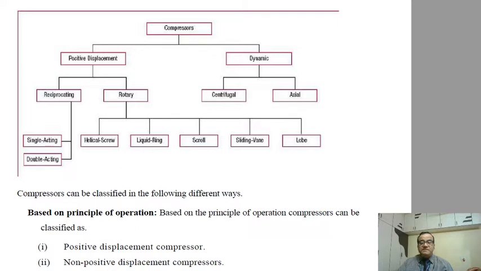A dynamic compressor is a rotary continuous flow machine in which the rapidly rotating element accelerates the air as it passes through the element, converting the velocity head into pressure, partially in the rotating element and partially in the stationary diffuser or blades.